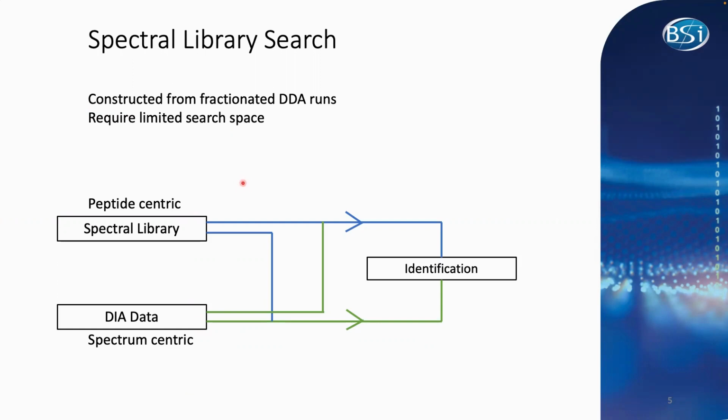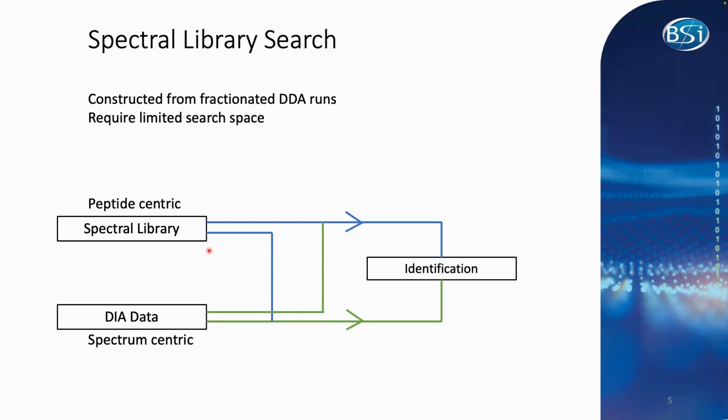One computational approach to identify the peptides in PEAKS 11 is to use the Spectral Library Search. A spectral library is typically acquired from multiple fractionated DDA analyses of the same sample or same type of sample that you use for your DIA analysis on the same instrument, and searched against a protein sequence database for identification.